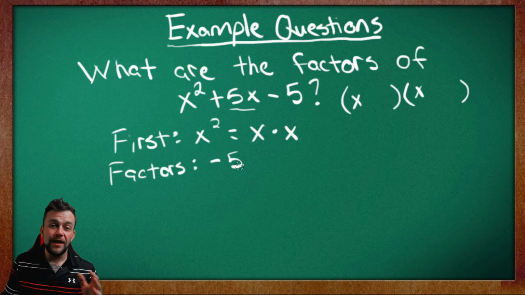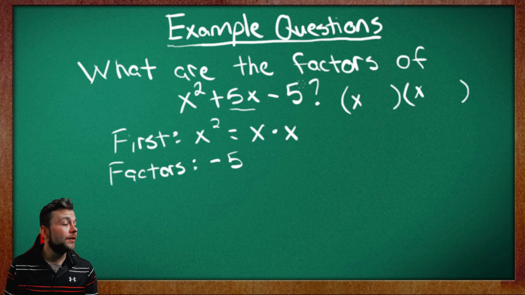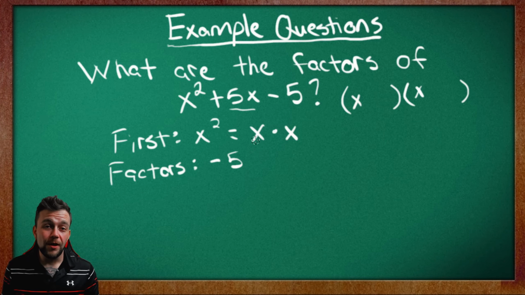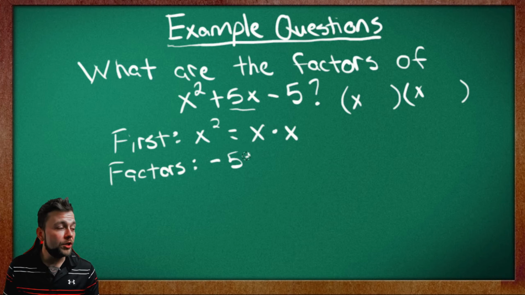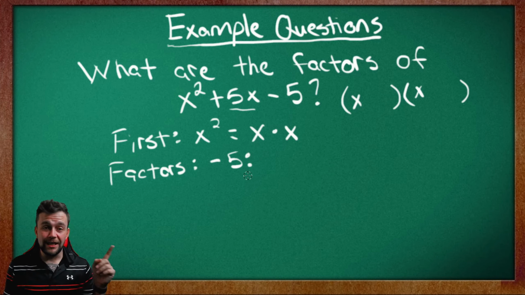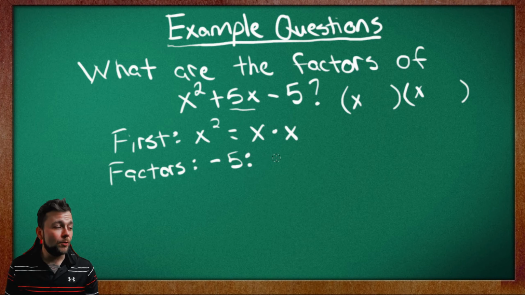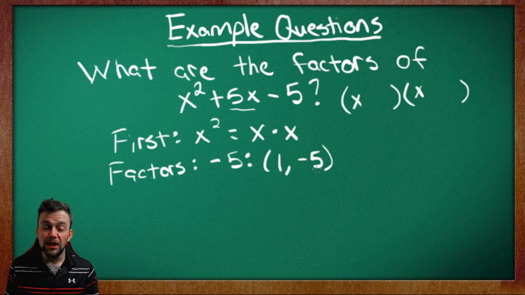So we're wanting to find the factors of x squared plus 5x minus 5. So what are the factors of negative 5? What do you have to multiply to get negative 5? So our factors would be 1 and negative 5. So when we multiply 1 and negative 5, we get negative 5.